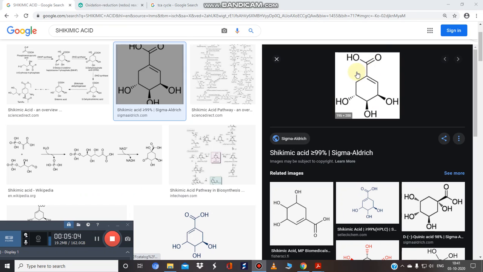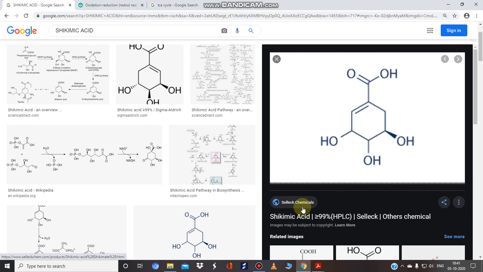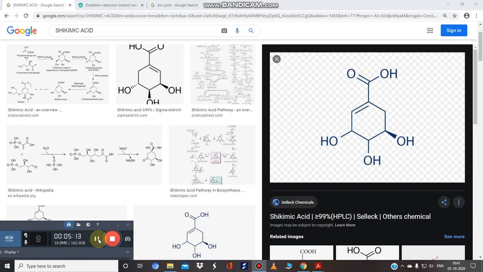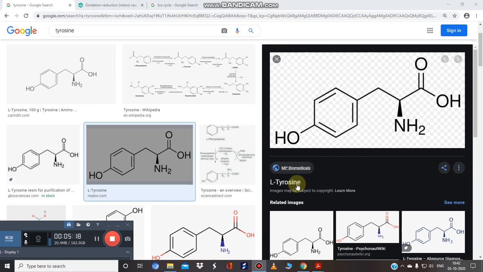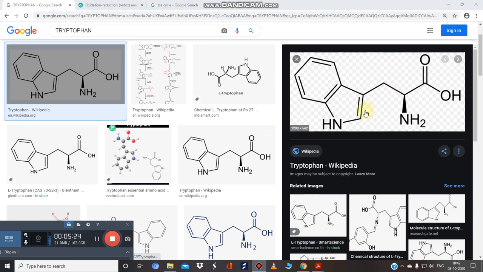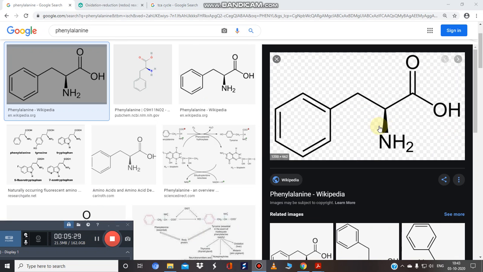Please see the structure of shikimic acid. This is the shikimic acid. This one is the mevalonic acid. This is tyrosine, an aromatic amino acid. The aromatic ring is there, and this is the amino acid tyrosine. Another aromatic amino acid is tryptophan. And this is phenylalanine, an amino acid that is aromatic in nature.